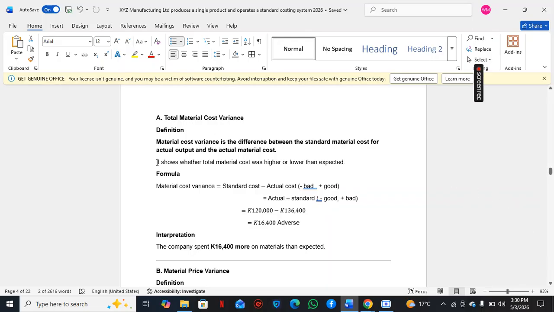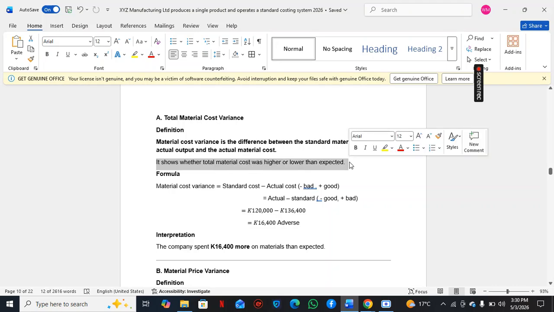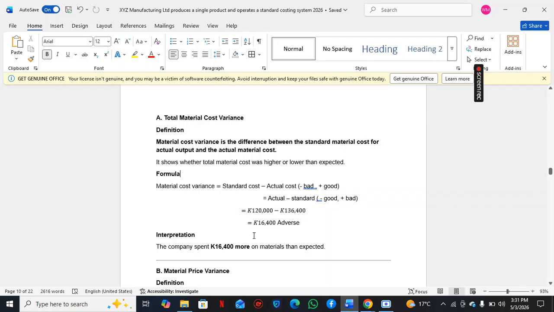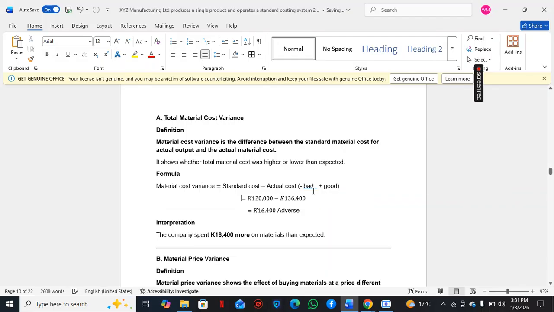So total material cost variance shows whether the total material cost was higher or lower than expected. Our material cost variance, standard minus actual: 120,000 minus 136,400, you get negative 16,400.